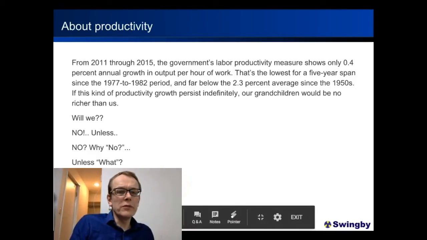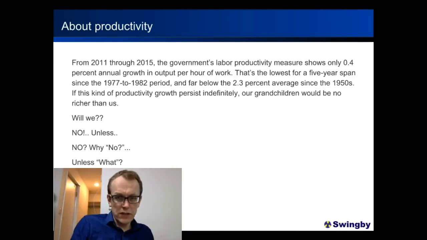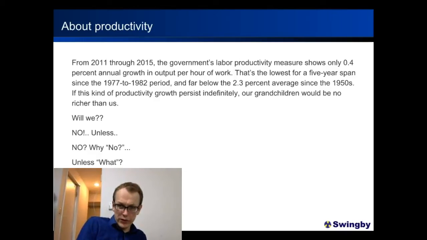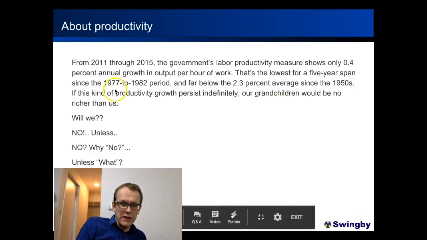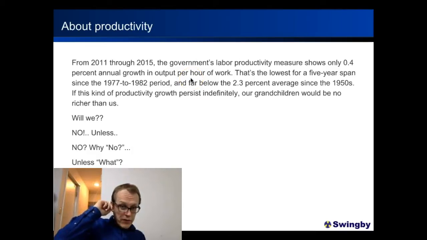All right. So about productivity, from 2011 to 2015, the government's labor productivity measure shows only a 0.4% annual growth in output per hour of work. So that's the lowest 5-year span since 1977 to 1982, when it was also very low.